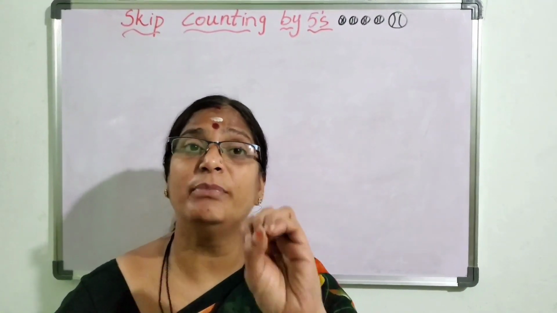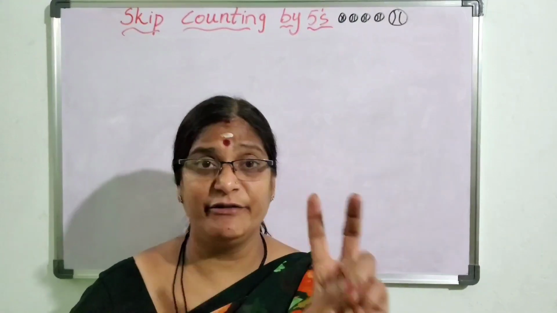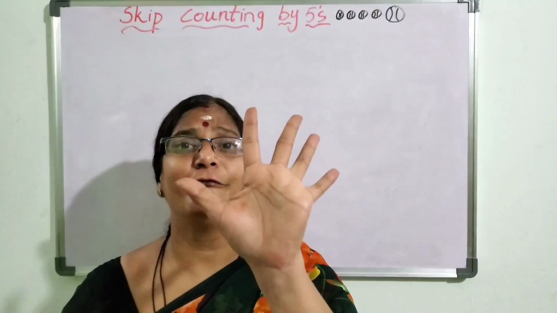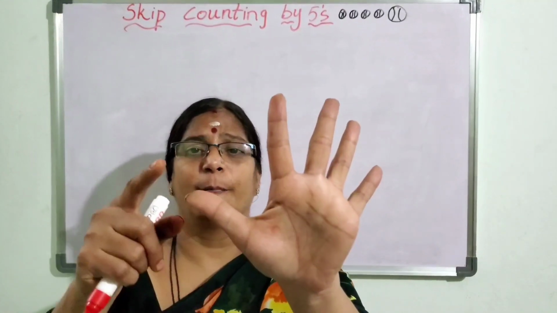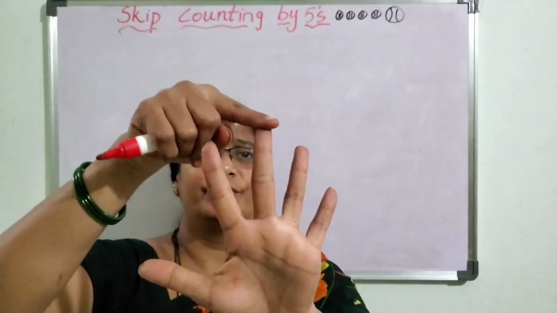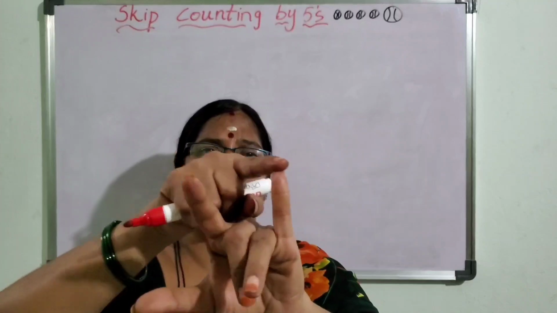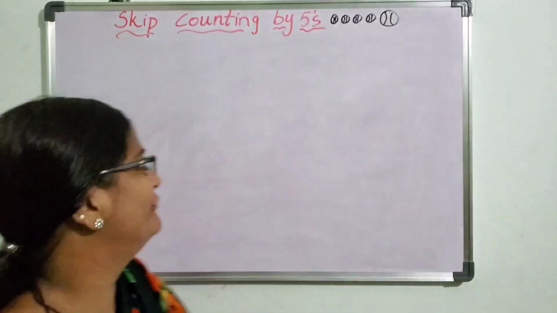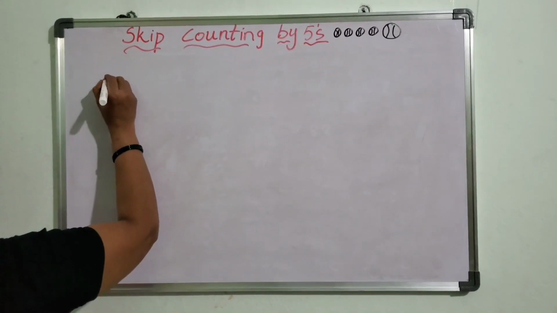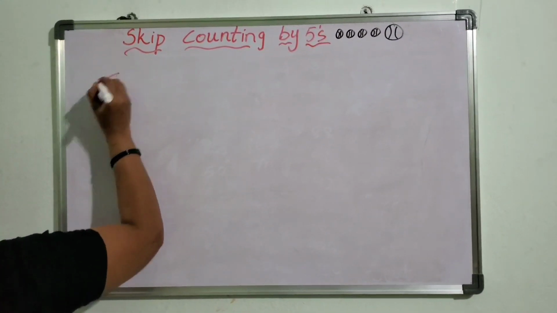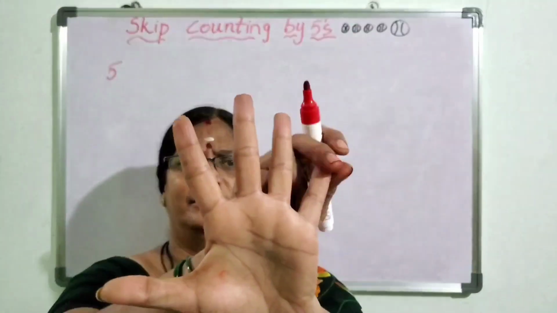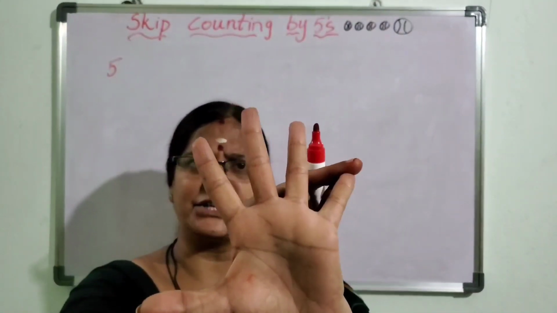This is count by fives. Already we have finished count by twos. Now we will learn count by fives. See here, 1, 2, 3, 4, 5. Now which number came to this little finger? 5. Write down 5. Now 5 finished.